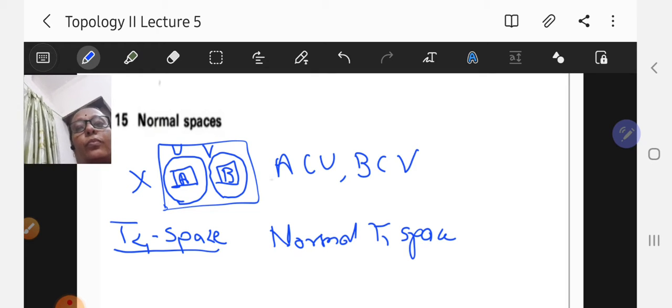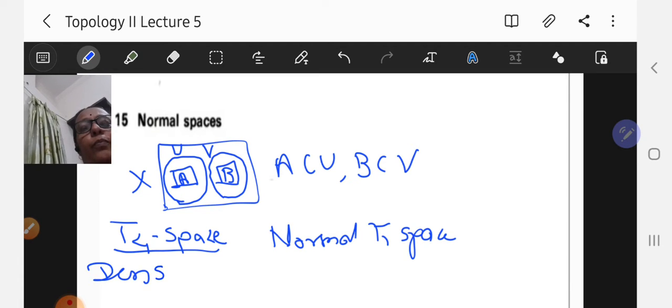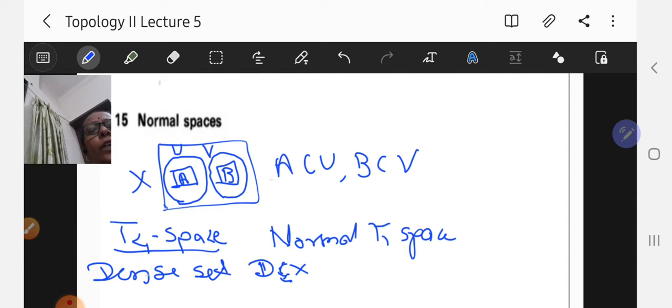Now again, we know the definition of a dense set, that is, D is a subset of a topological space X. D is called dense if it contains all its limit points.